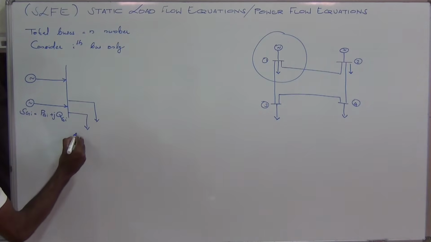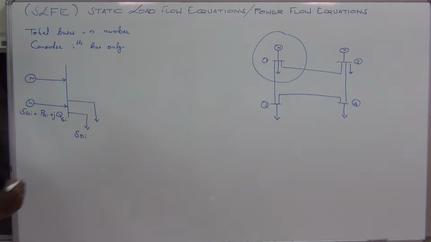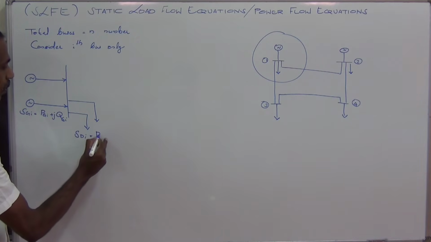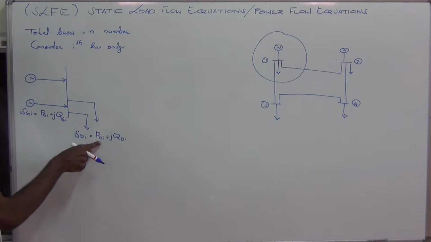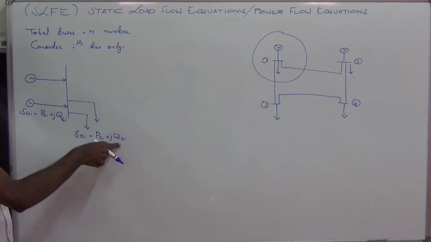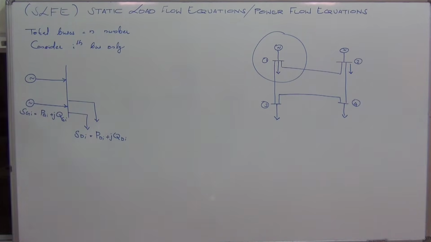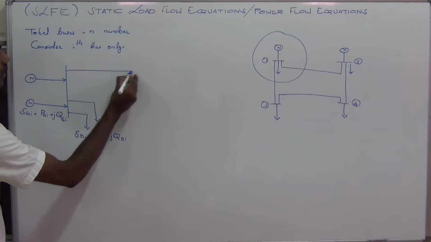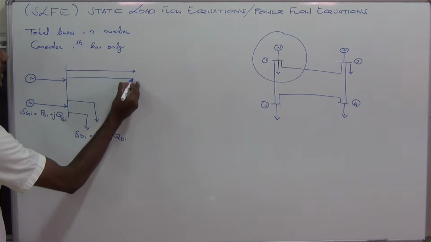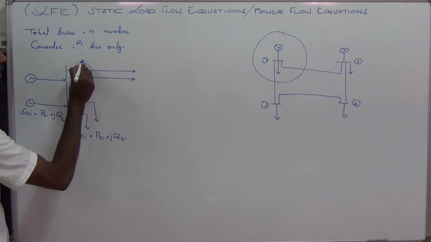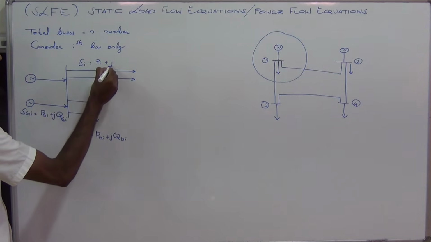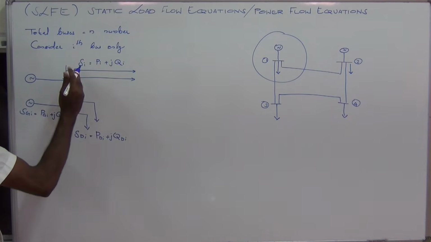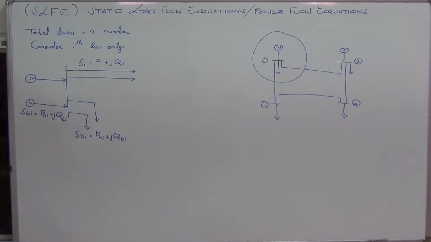Let it be SDi, the demand at the ith bus. So this is equal to PDi plus j into QDi, the real power demand plus j into the reactive power demand. And certain power is transmitted through the transmission lines. Let it be Si. This is equal to Pi plus j into Qi. This is the power transmitted through the transmission lines.